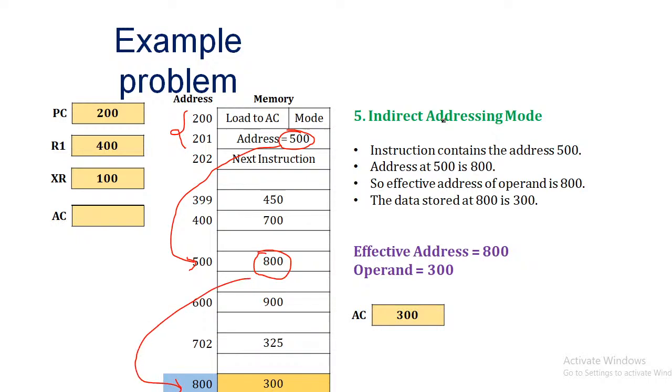So come to the 800 value. Within 800, which value is stored? 300. So ultimately the operand is 300, and it will go to the accumulator.